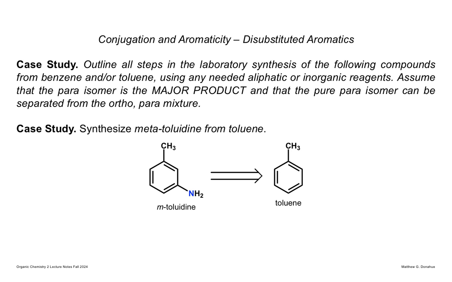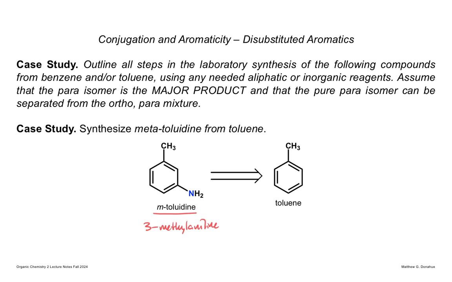So in the last couple slides here, we're going to look at making a disubstituted aromatic as a case study, where we want to make this compound called meta-toluidine, or essentially you could call this 3-methyl aniline.